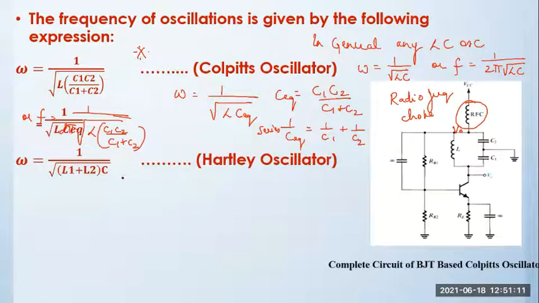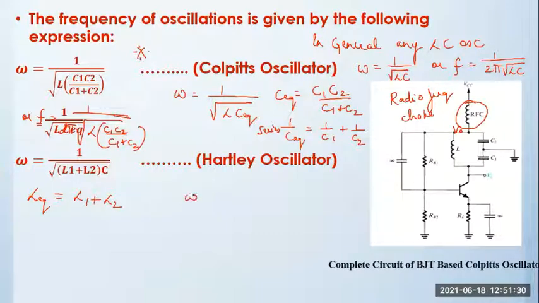For the Hartley oscillator, I have to consider what? L equivalent. L equivalent is the series combination of two inductors. When inductors are there in series, they add up.